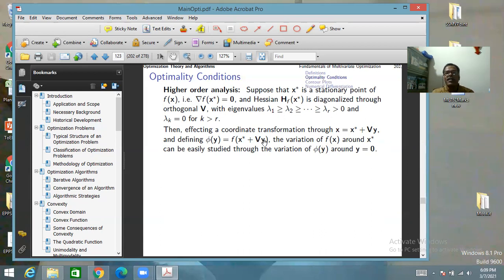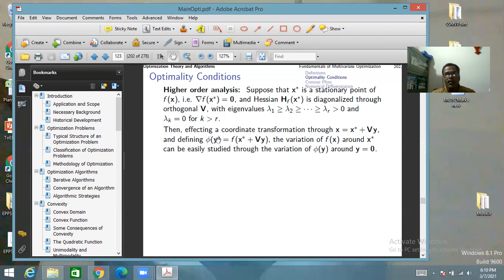So basically y changes. And when you change y by one coordinate at a time, then x basically changes along the eigenvectors of the Hessian matrix.